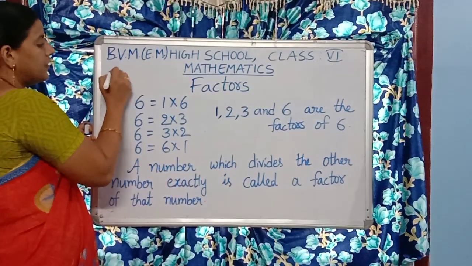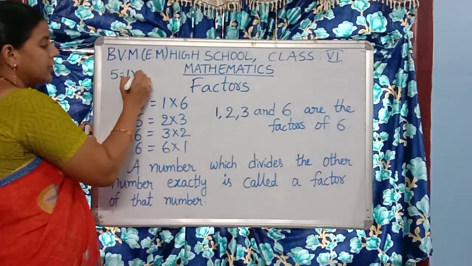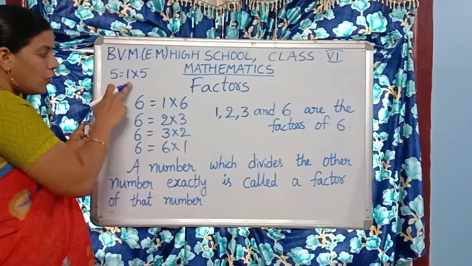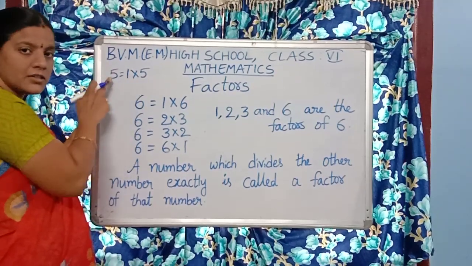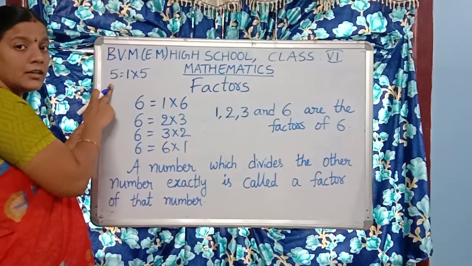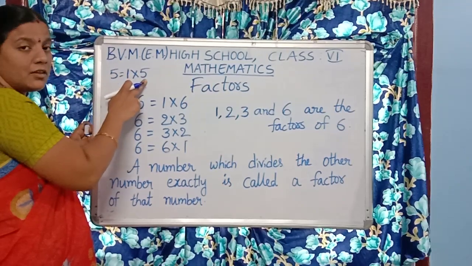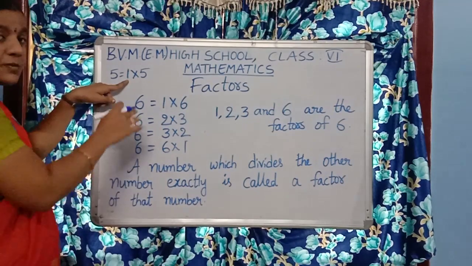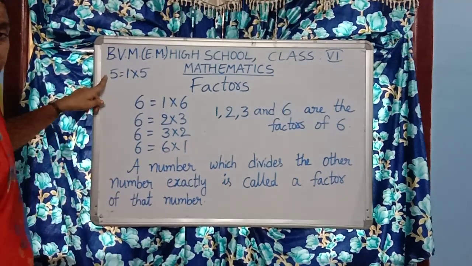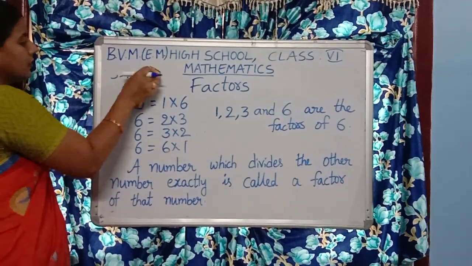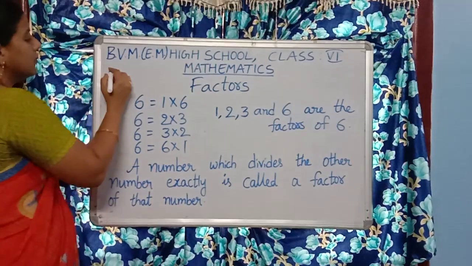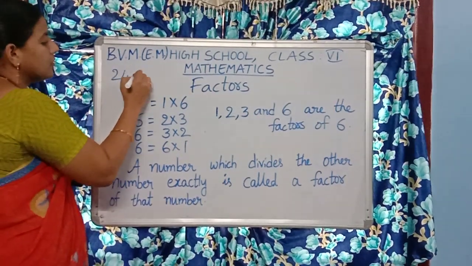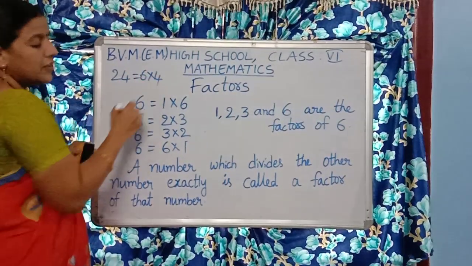Look, 5. 1 into 5. 1 and 5 are the factors of 5. Why? Factors means they divide the 5. Okay? 24. 6 fours are 24.